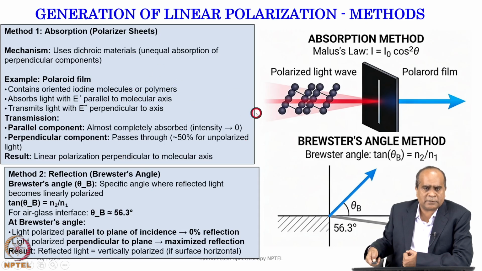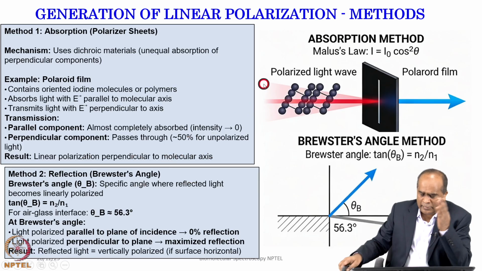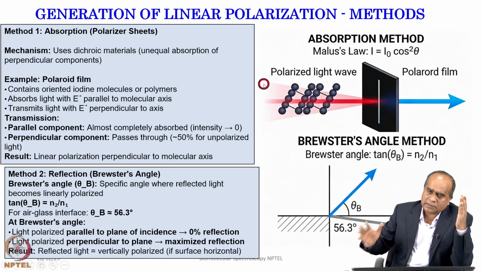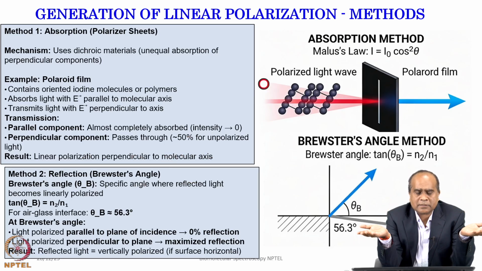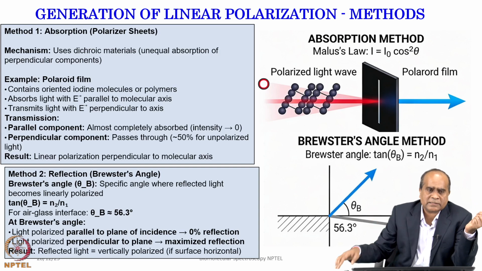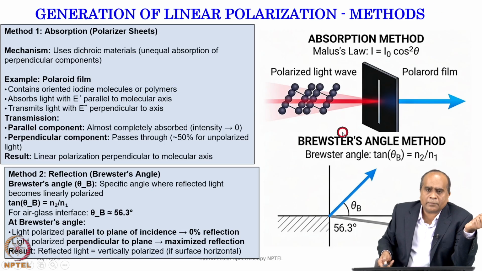Then what we get is linearly polarized light perpendicular to the molecular axis. You can see here we started with unpolarized light and we have a polarizer material that is unequally absorbing it. One component gets absorbed and whatever is transmitted is only 50% of the incident light, according to the formula that we talked about, and what we achieve is polarized light.